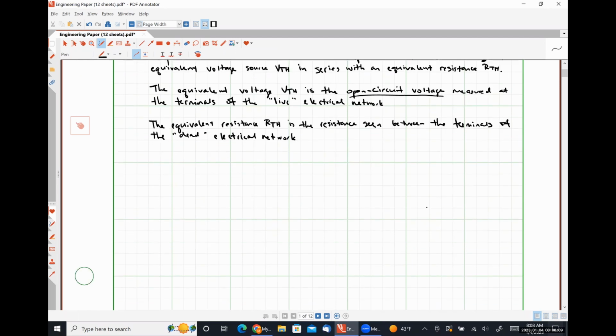So this is a circuit that we're going to be looking at. Here we have a 4-volt source. Here, a 9-ohm resistor. This is a 3-volt source.